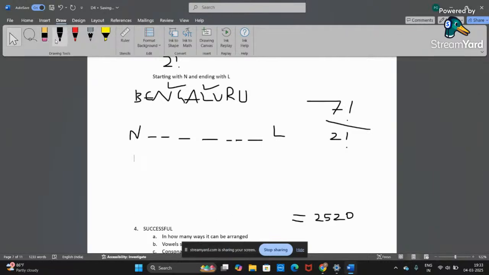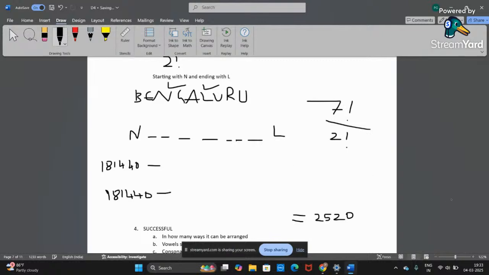Let's find it out here. We have to minus 8640, the vowels together answer, from 18144. To find consonants for the next one, 18144 as well.